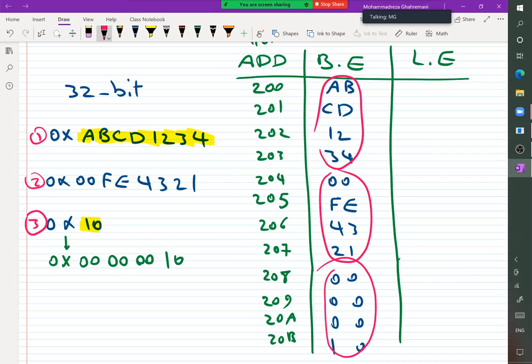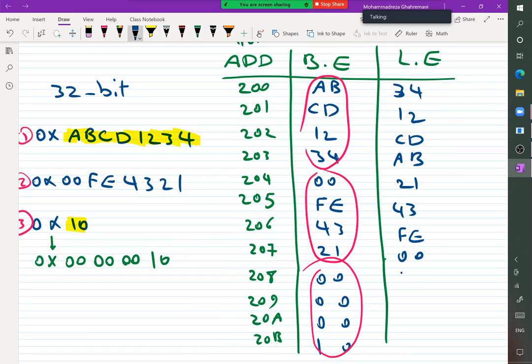Then in Little Endian, we reverse the order. So it's 3, 4, 1, 2, C, D, A, B, 2, 1, 4, 3, F, E, 0, 0, 1, 0, 0, 0, 0, 0, 0, 0.